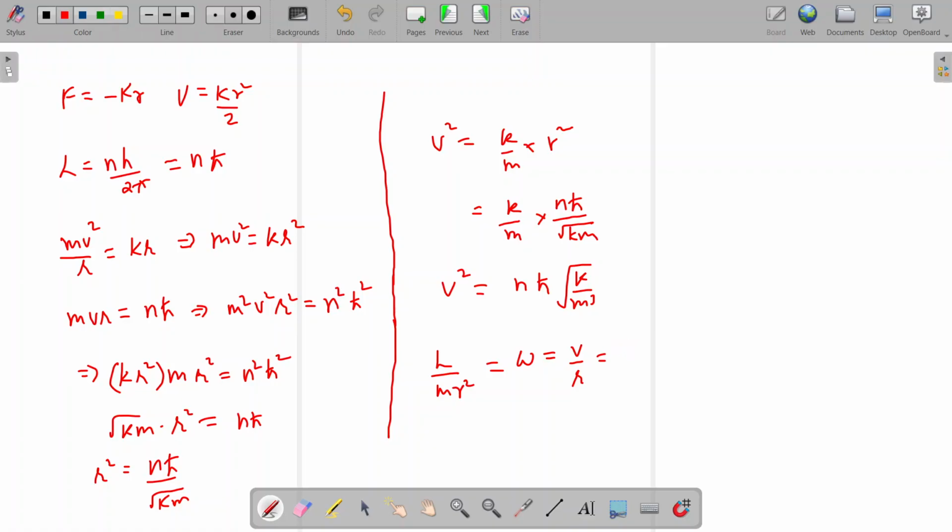So it is n h prime divided by square root m cube, divided by n h prime into square root km, and the square root of this whole thing.